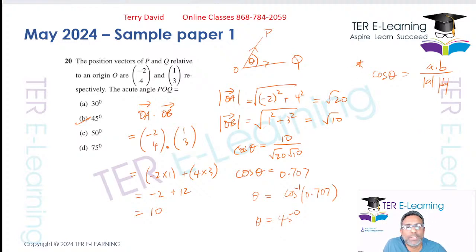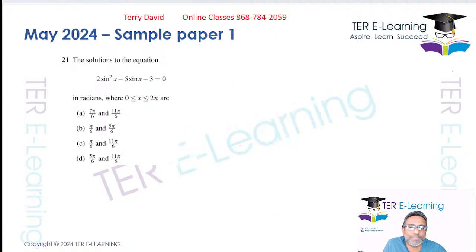See what else we have here. That's 20. 21, we have a trigonometric equation, sorry. 2 sine squared x minus 5 sine x minus 3 is equal to 0.